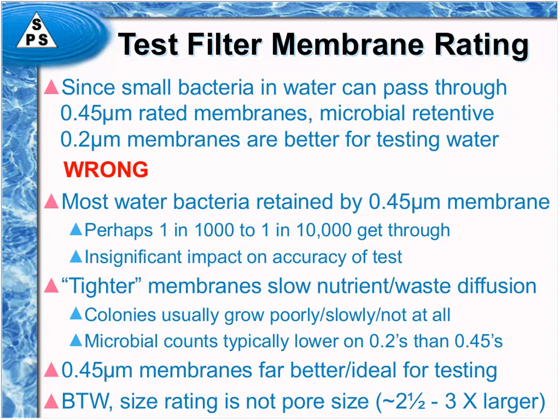So plenty large enough for some organisms to be able to actually find the big holes and get through. And that's why water organisms, which have a lot of really small organisms in them, can easily eventually get through, especially if there's high numbers on the upstream side. That's why the go-through phenomenon exists.